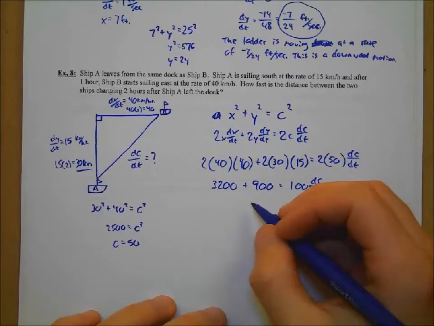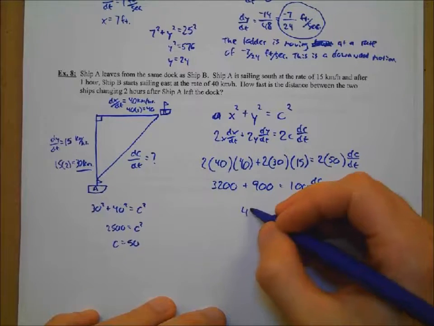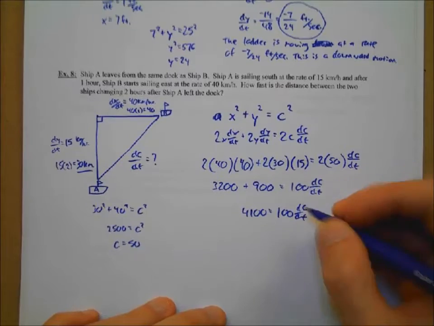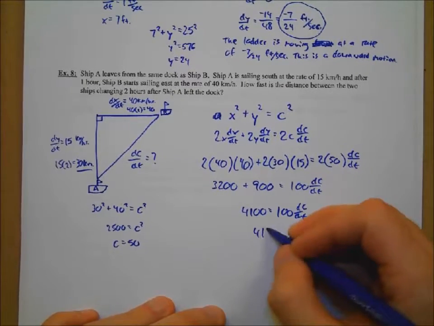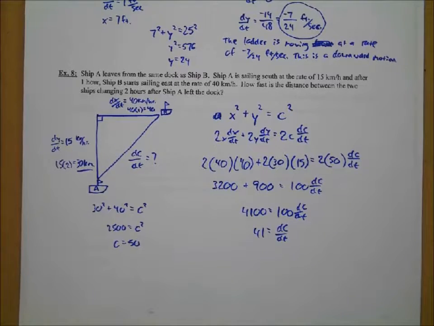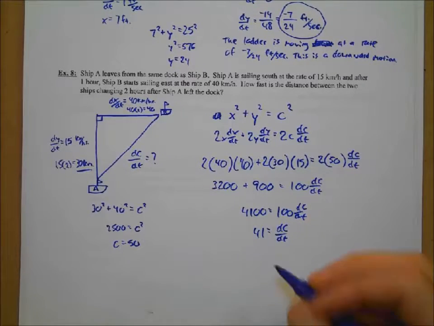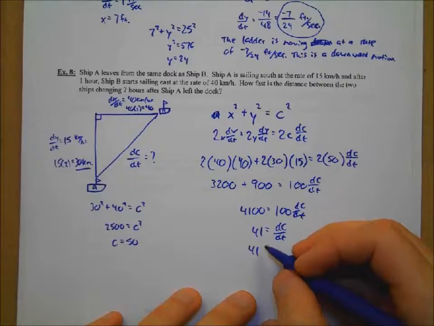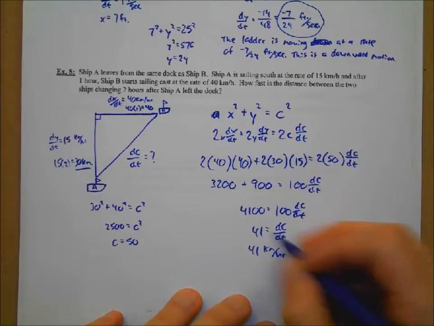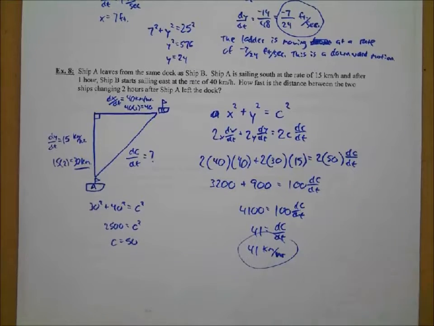And so that's going to add up to give us 4,100 equals 100 dc/dt. And so we get 41, or in other words, 41 kilometers per hour. Okay, 41 kilometers per hour there. Questions on any of that?